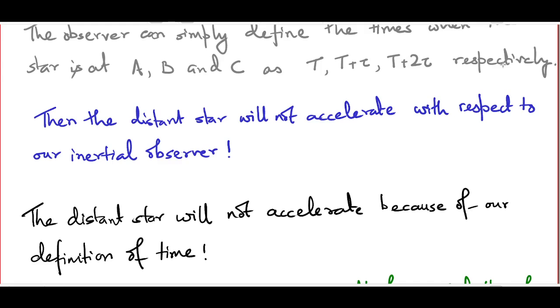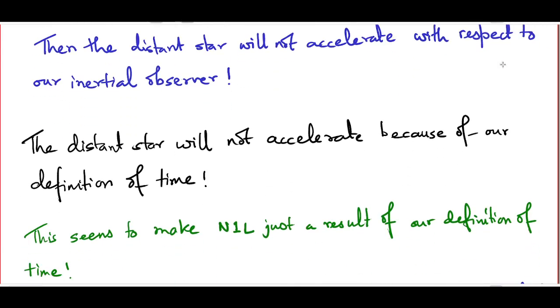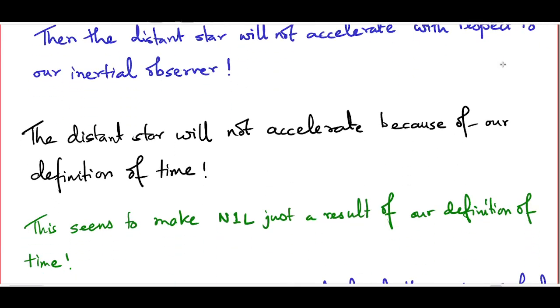In other words, if this were all there is to it, Newton's first law would simply look like a trivial matter of defining time properly. And again, this would render Newton's first law non-physical. It would just be a matter of definition.